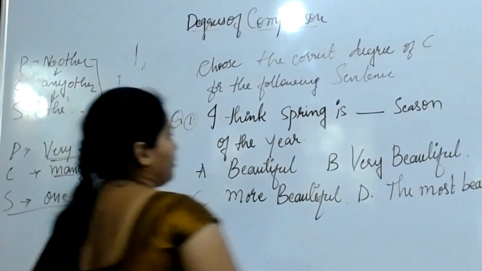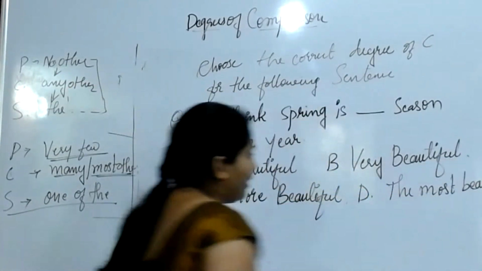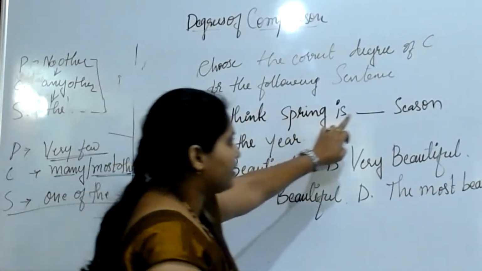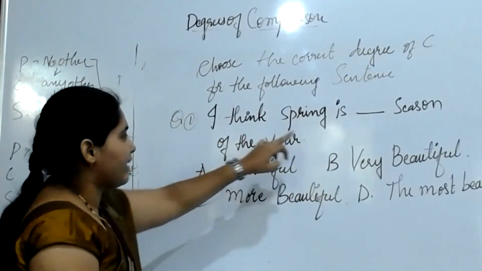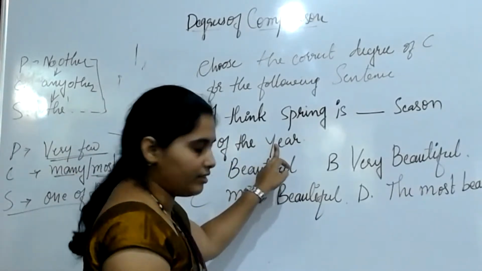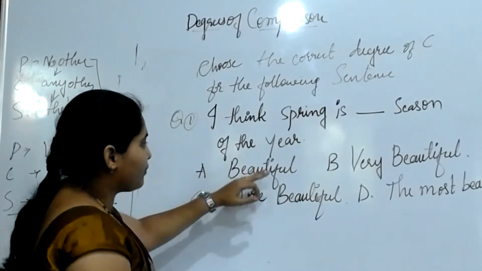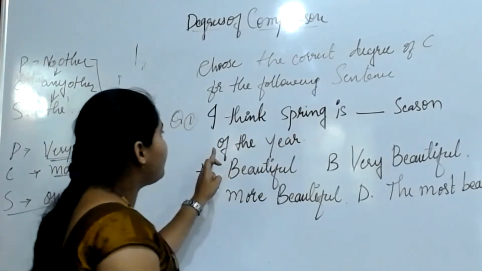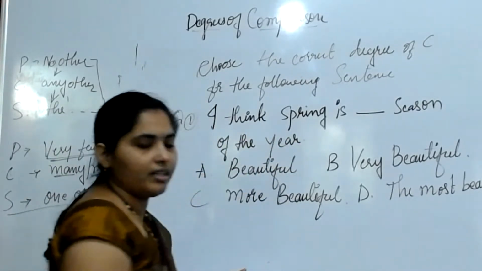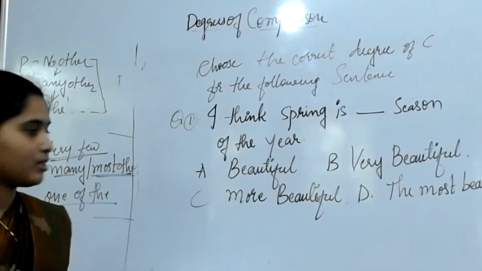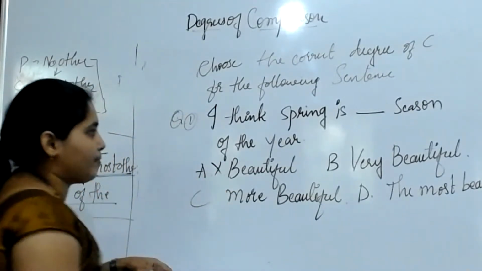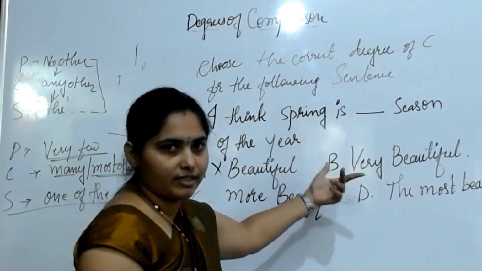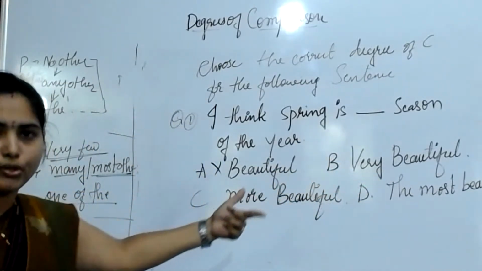So now you have to choose the correct answer here. I think spring is dash season of the year. If you write "beautiful", the sentence is: I think spring is beautiful season of the year. There is no degree in that sentence, so this is the wrong answer. Now "very beautiful": there is no "very beautiful" in the degrees. This is "more beautiful" or rather "most beautiful".